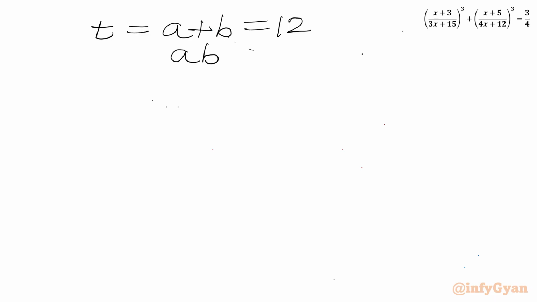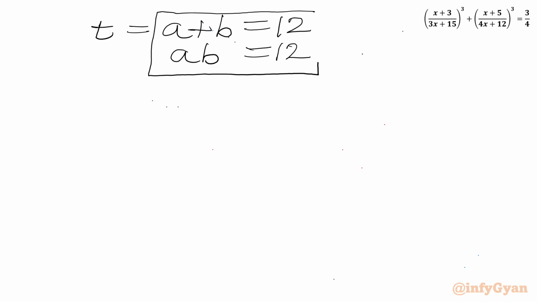Now t was our substitution a plus b. So I will write a plus b equal to 12, and our equation number 2, a times b equal to 12. So we have one system where the sum of roots and the product of roots, both values are coming out 12. So we can solve by calculating b from the first equation.